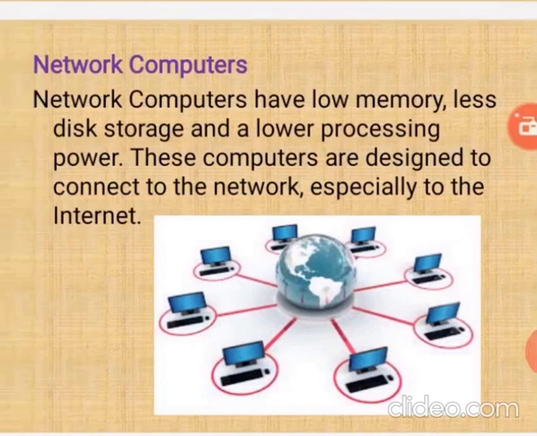Then the computer system comprises 3 units. That is input, process, and output. Input, process, and output. Input means what? The input unit consists of devices that are used to feed data into a computer, such as keyboard and mouse.